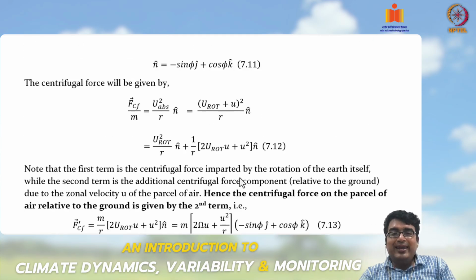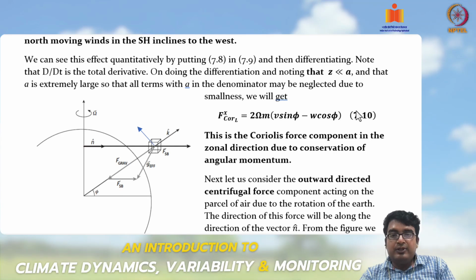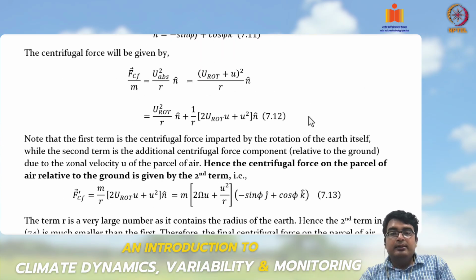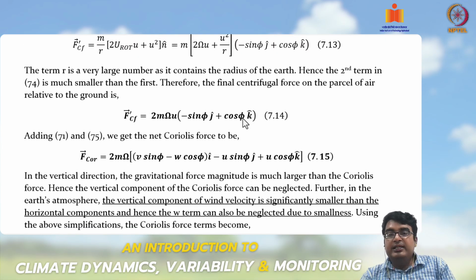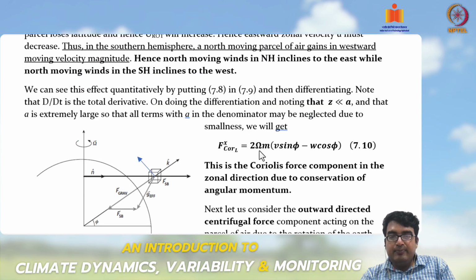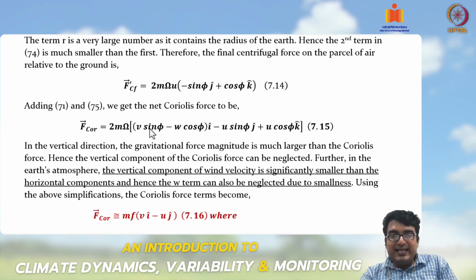So, now we can add 7.14 with respect to 7.10, which is in the I direction. So, this is in the I direction, zonal, this is meridional, this is vertical. So, we get twice m sigma, remember this is also twice m sigma, v sin phi minus omega w cos phi I. This is the first term due to conservation of angular momentum.